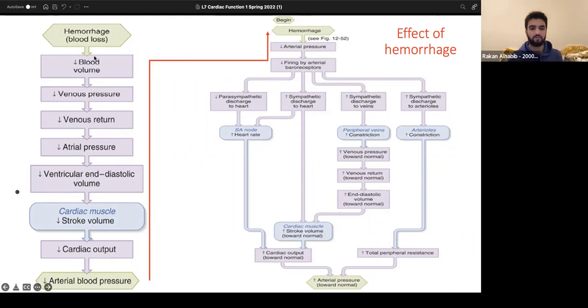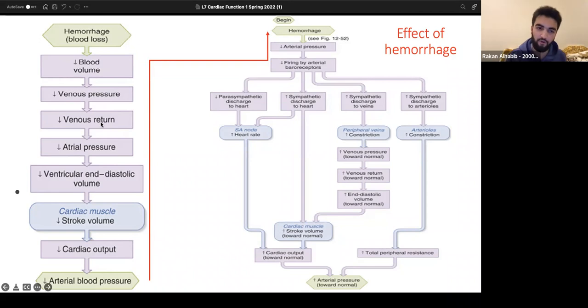Here, the hemorrhage: my body has 5 liters, I lost 1 liter, so I have 4 liters. My blood volume decreased, therefore the venous pressure will decrease, and the venous return will decrease because there's less blood in the veins.